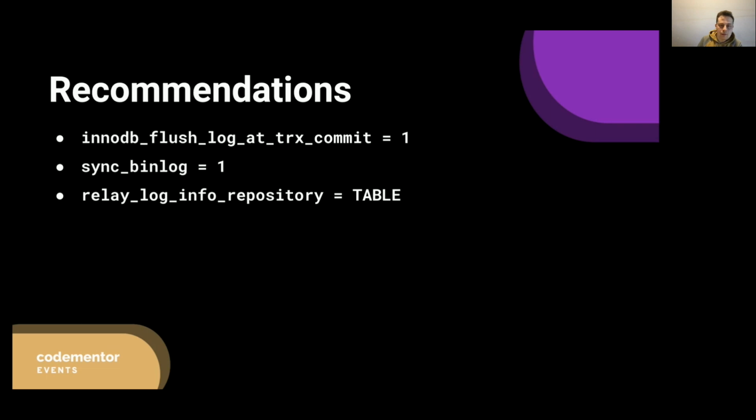And the last one is relay log info repository equal table. It keeps the relay log position in InnoDB, because in old versions it was stored in some file and it wasn't so reliable. Yes, probably these are defaults in MySQL, but it's better to specify explicitly.